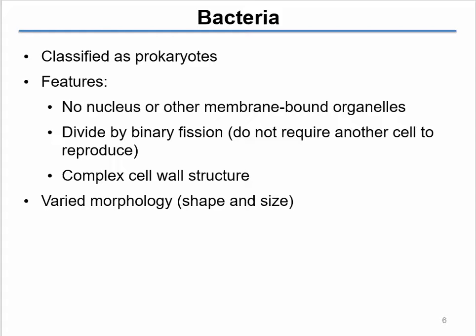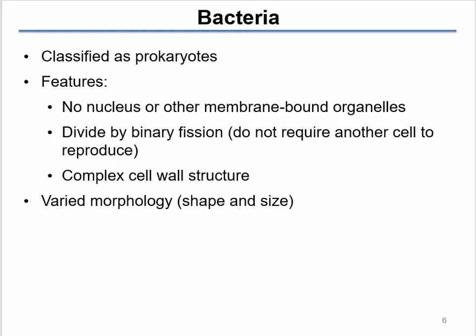They also reproduce differently. They reproduce by binary fission. They get to a certain size and they just squeeze off, and some things go to one side and some things go to the other. They don't require another cell to reproduce. For the most part, there's no sexual reproduction with them. Most bacteria have a really complex cell wall structure.